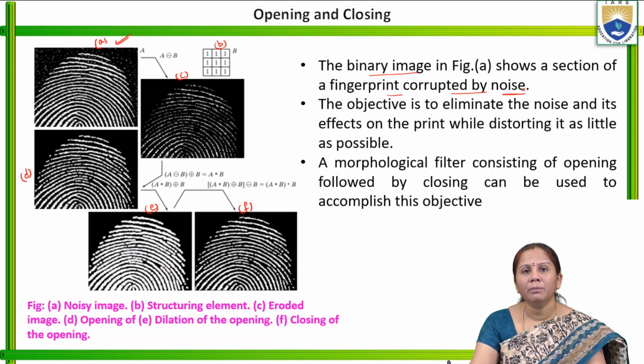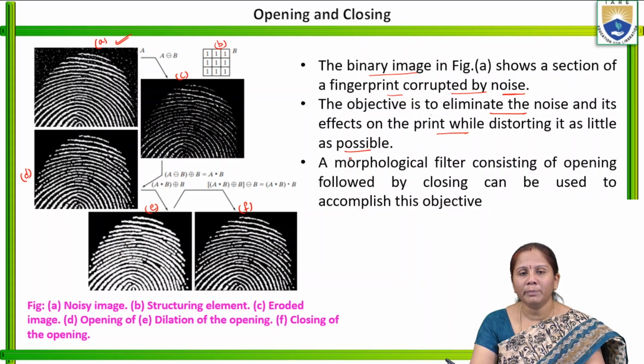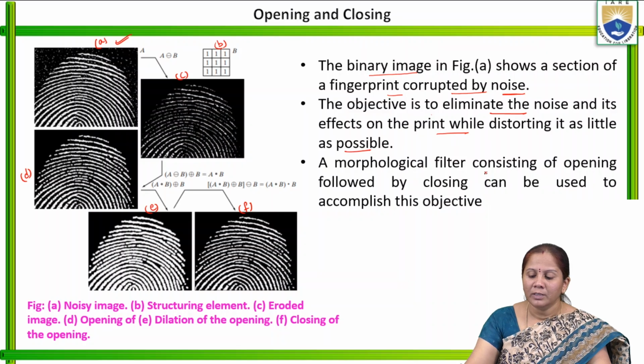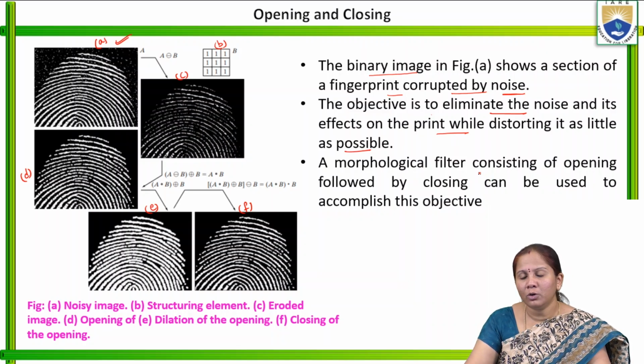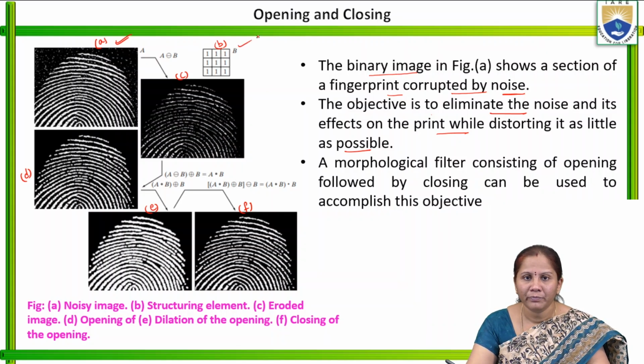So what is the main objective? The main objective is to eliminate the noise and its effect on the fingerprint while distorting it as little as possible. In order to remove the noise, we know a filter should be applied. Here this is the structuring element, in a rectangular shape.